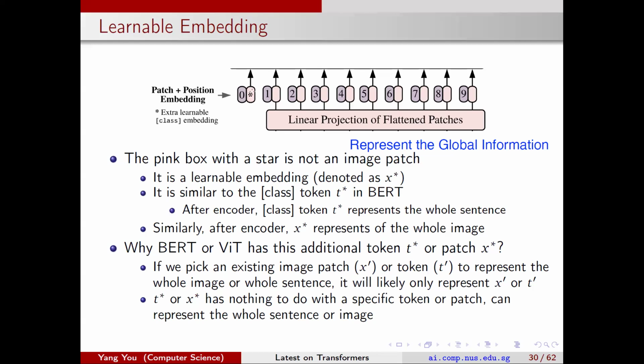To extract information from the whole image and know the global information, and we may later use it for classification. Each patch only holds local information, and we cannot use any patch or token to represent the global information. We need something to represent the global information. That's why we need this class token.